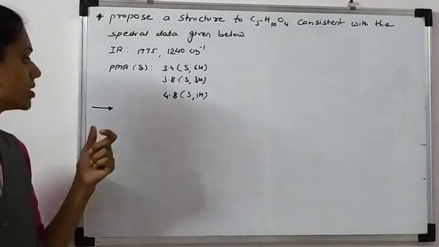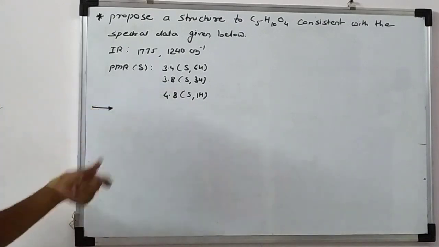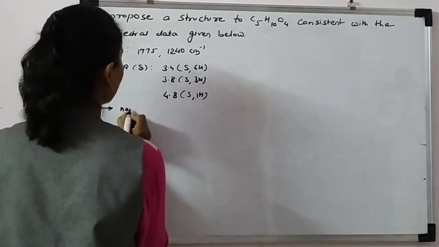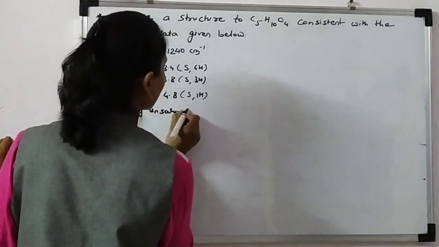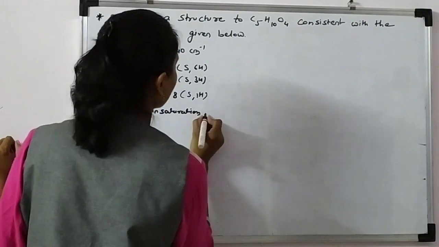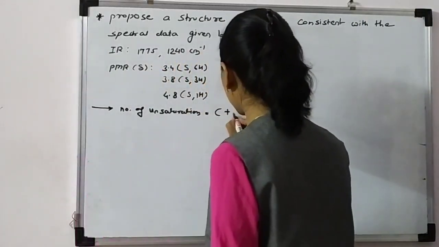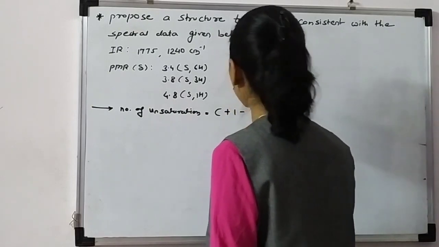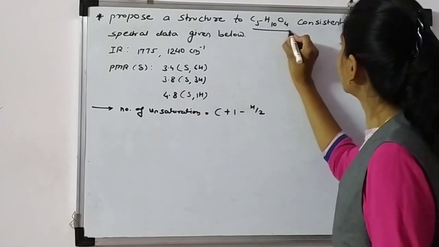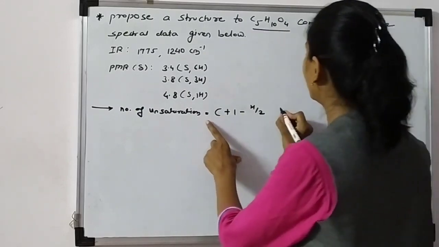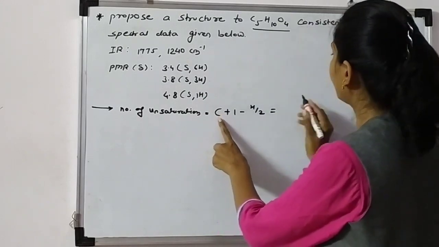Firstly, we must calculate the number of unsaturation for this molecule. Its formula is C plus 1 minus H by 2. How many carbon atoms are there? 5.